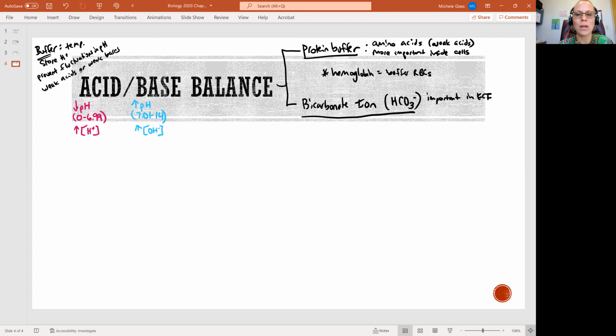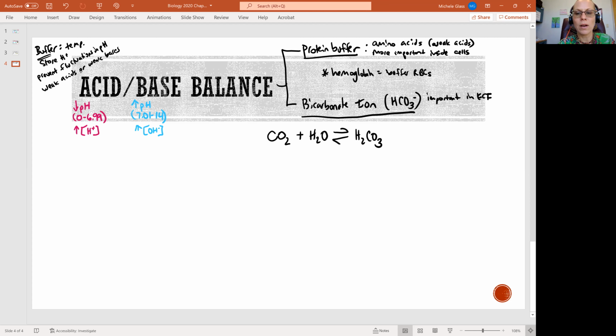respiratory system. So if we go ahead and see carbon dioxide gas and water combined together, they make carbonic acid, and carbonic acid is H2CO3.